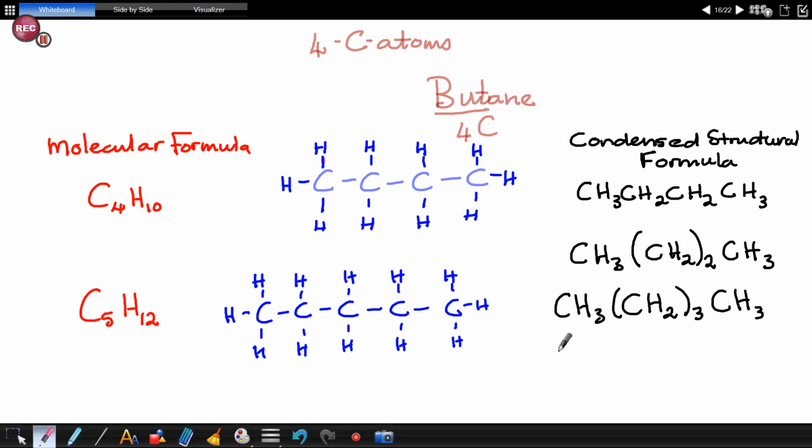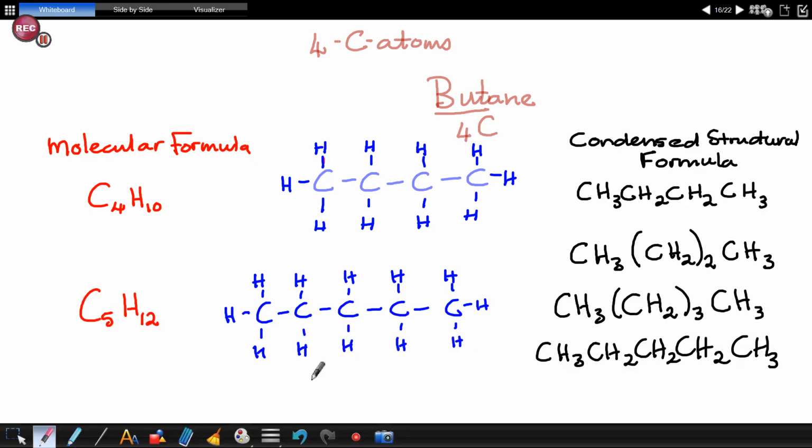You will most probably find both these ways, CH3, CH2, CH2, CH2, CH3 in exam papers.